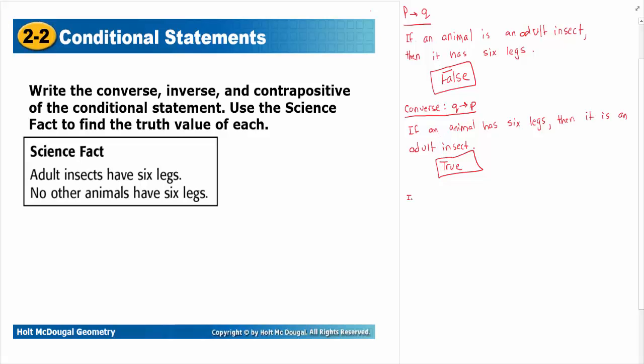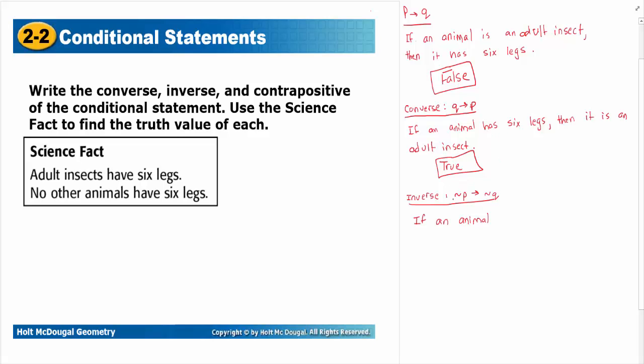Next up we have our inverse, and that's, again, if not P, then not Q. So now we're going back to our original. Look at my original statement. My original hypothesis says if an animal is an adult insect.